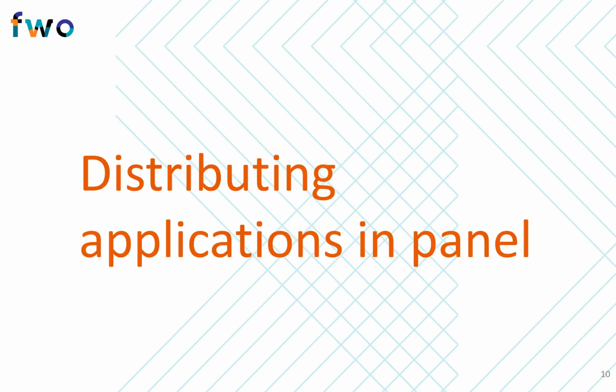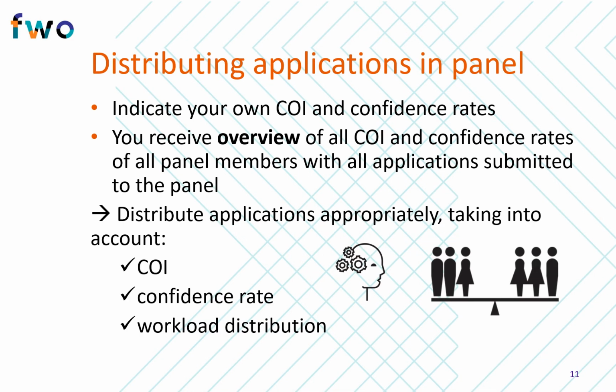Your next important task will be to distribute the proposals across all panel members. As a first step in the evaluation procedure, FWO will request all panel members to check the list of submitted applications and to indicate potential conflicts of interest. Additionally, FWO will ask panel members to indicate how familiar they are with the topic of the proposed project.